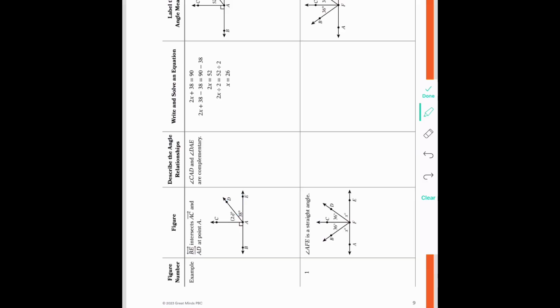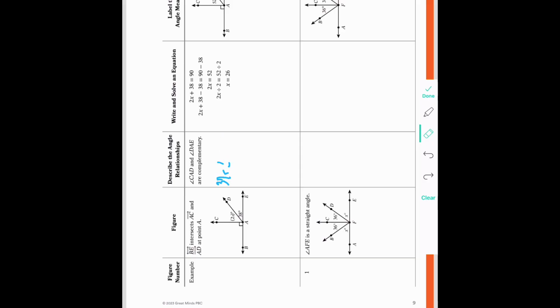Now if we go back to our definitions and our classification of angle relationships, we can say that this 38 plus the 2x should equal 90. That's what we should be able to come up with.